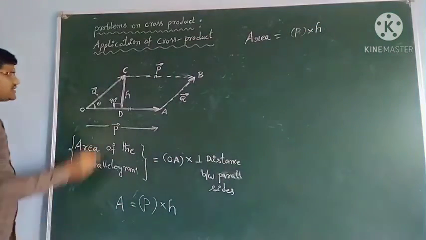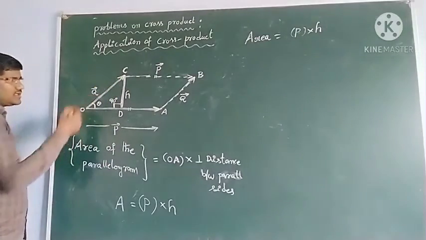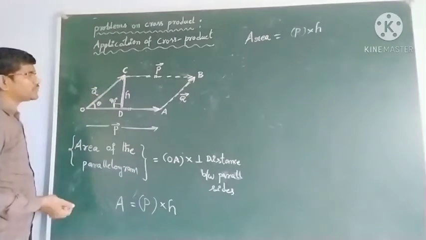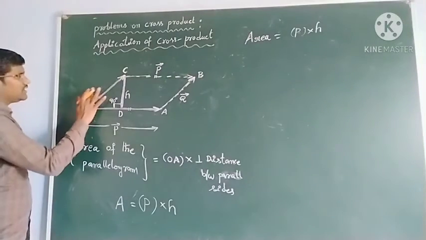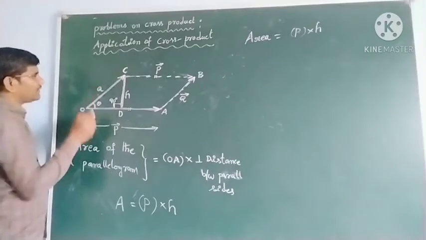Okay students, now this is theta and this is the hypotenuse, you know. This is our vector, the q bar vector.